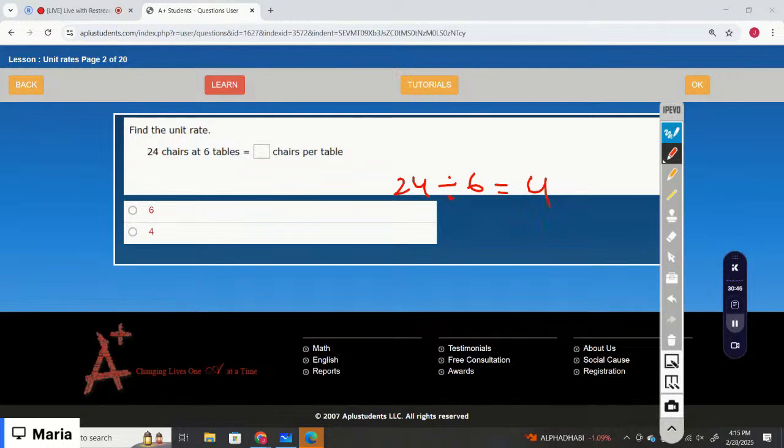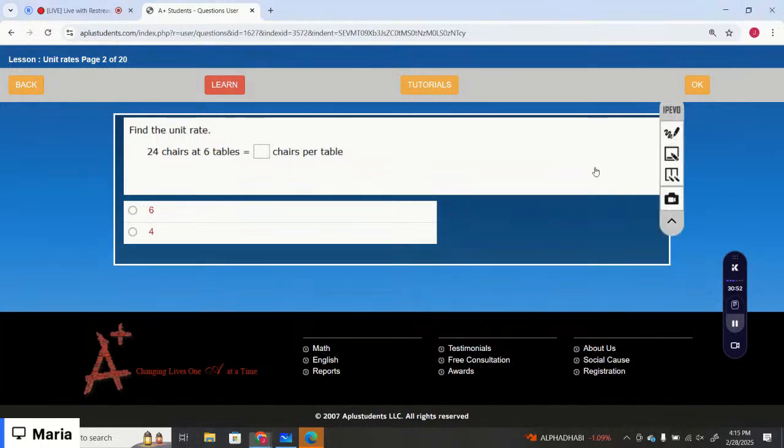So there are 4 chairs per table. The correct option is 4. Option number 2 is the correct option.